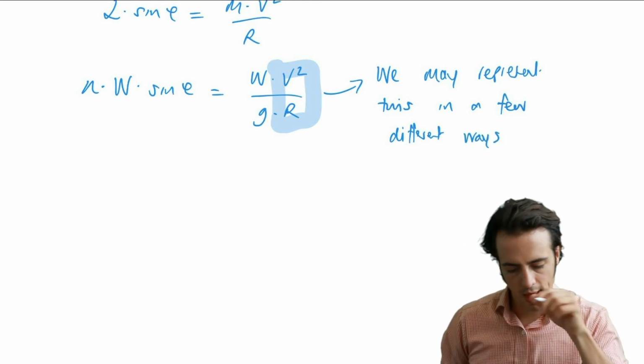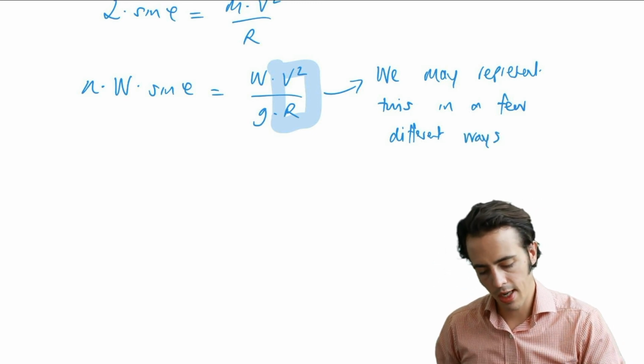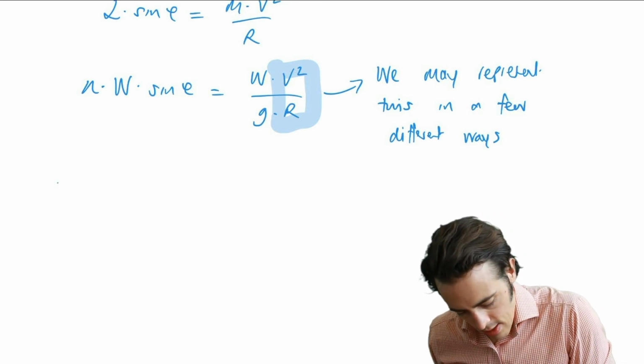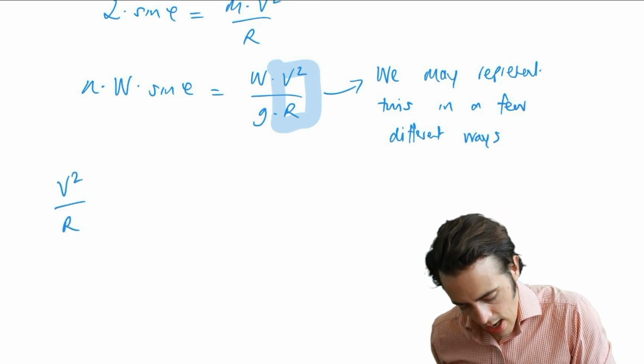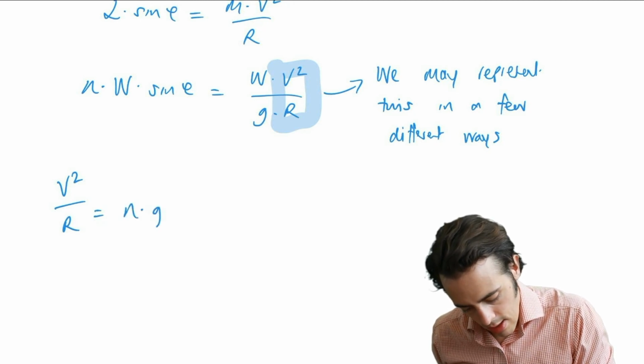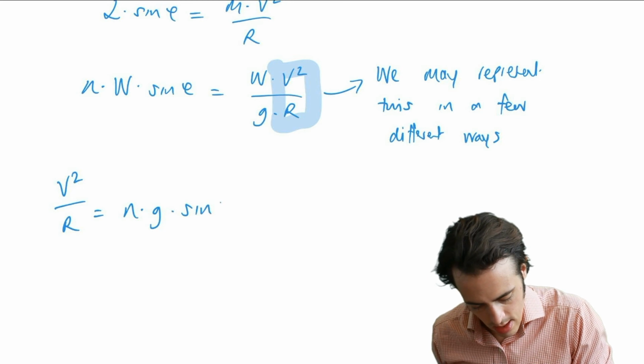So we can represent that in a few different ways. We can see the W's are going to cancel in here. So we can say that the first one is just v squared on r is equal to n g sine phi.